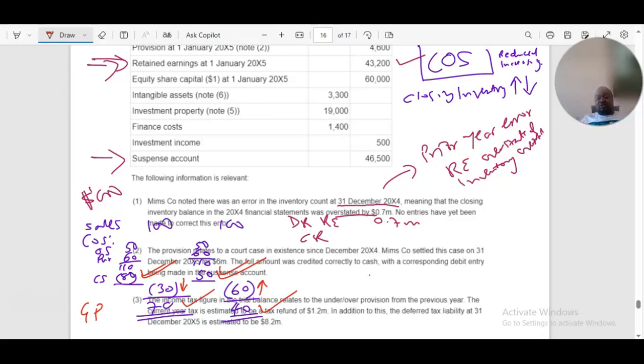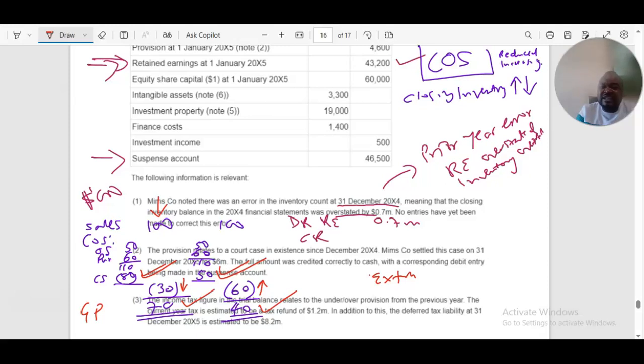So the situation last year is the first situation where the closing stock was overstated, which means the cost of sales had some extra debits.